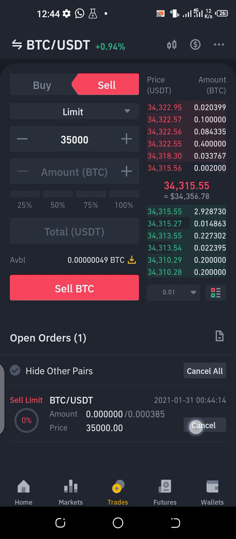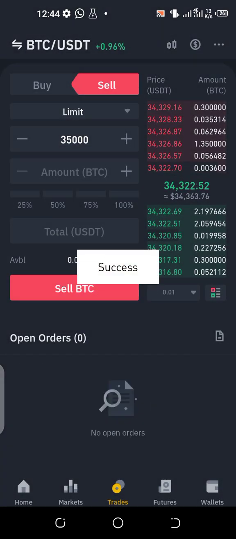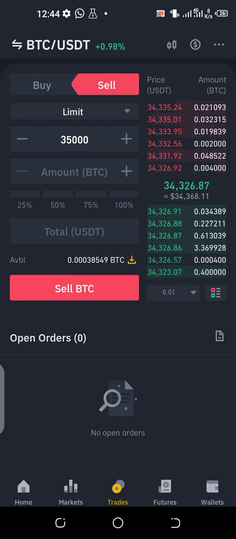Alright, the other option, still under limit order, which means I want to choose the price at which I'm selling, is that if I want to sell immediately using a limit order, because a limit order charges lower fees than a market order. If I want to sell immediately using a limit order, I can click on the highest available buy order.